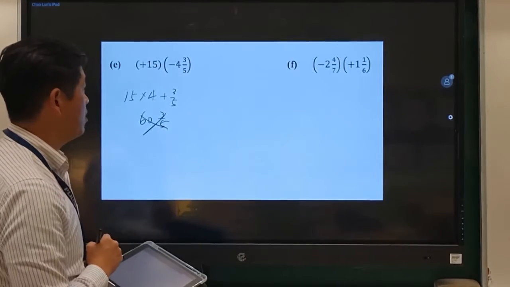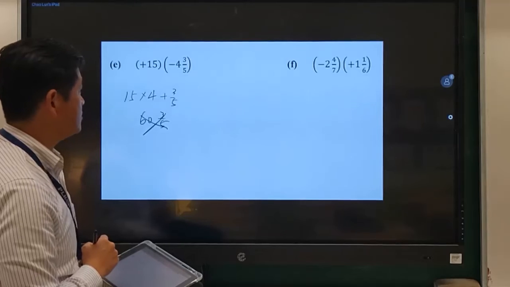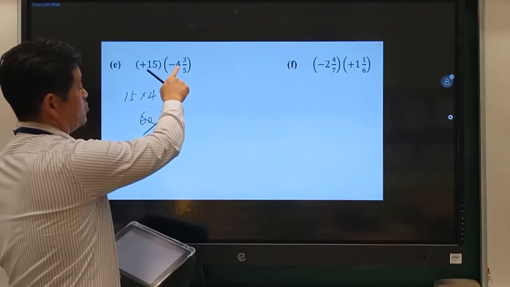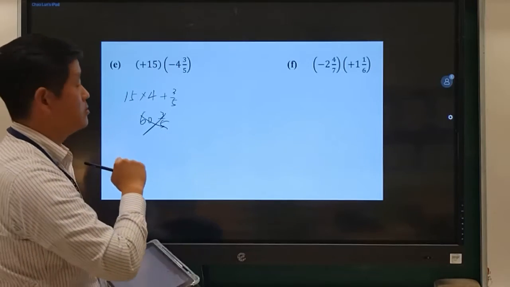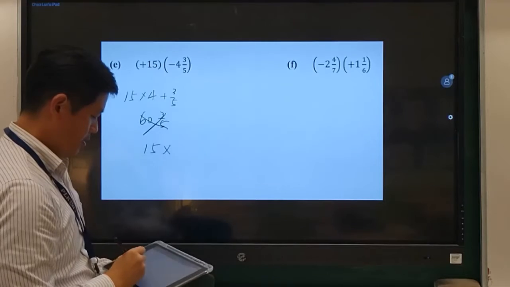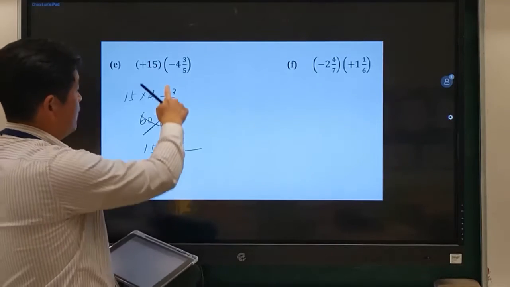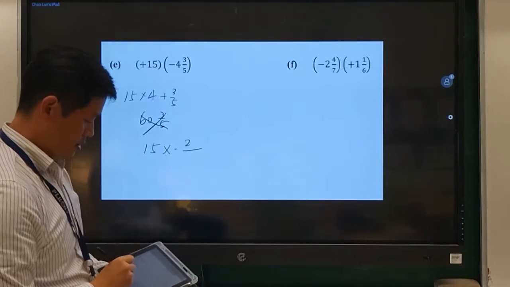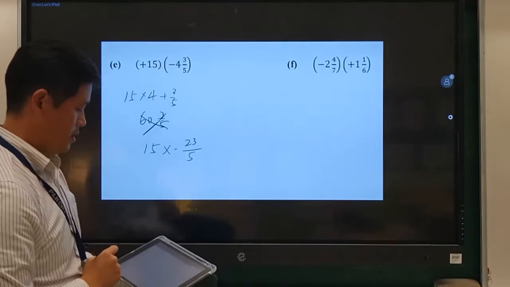Okay? Why am I wrong? Well, first of all, you need to change that to an improper fraction when you multiply. So it's actually 15 times, 5 times 4 is 20, so negative 23 over 5. Okay?